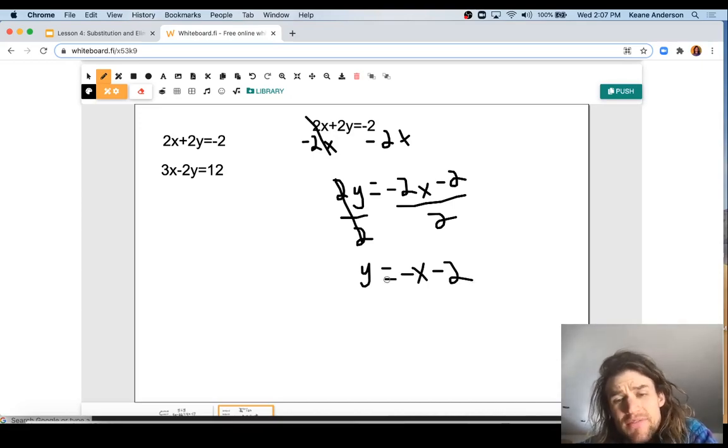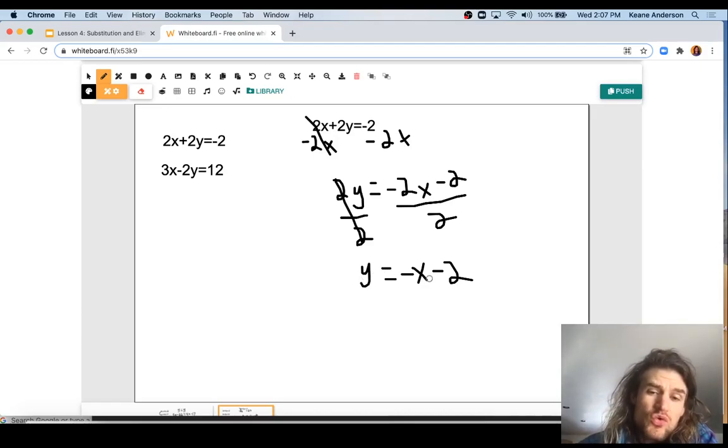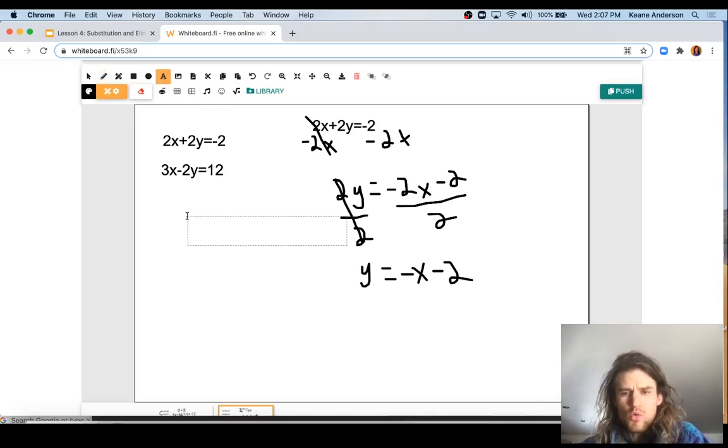Okay, so I haven't solved anything. I don't know yet what y equals, but I do know that y equals negative x minus 2. Now, I see we're getting a little bit low on space, so I hope you guys will be okay if I do this. Y equals negative x minus 2, right?